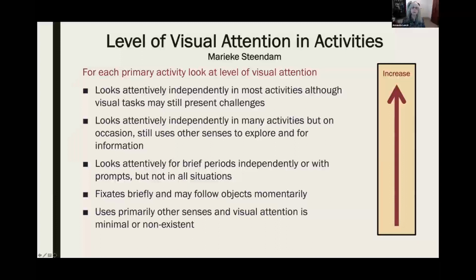So here what they've done is they've combined the level of attention with visual attention. And you can see that as vision improves, the level of visual attention also improves. And that was why, for me, it's difficult to separate attention from visual attention.